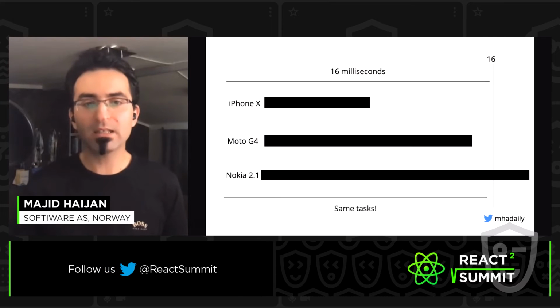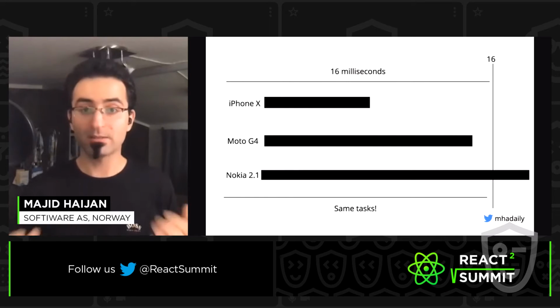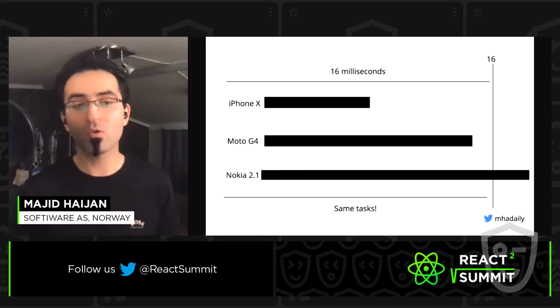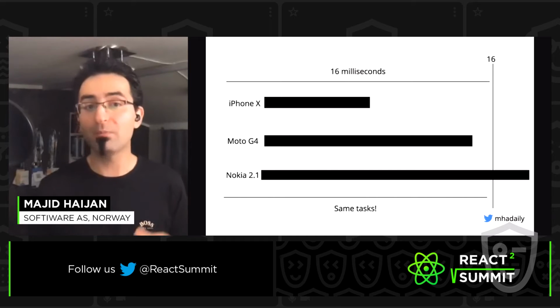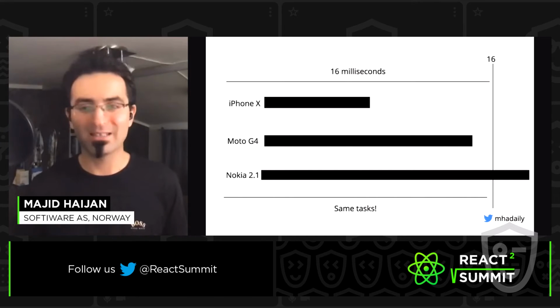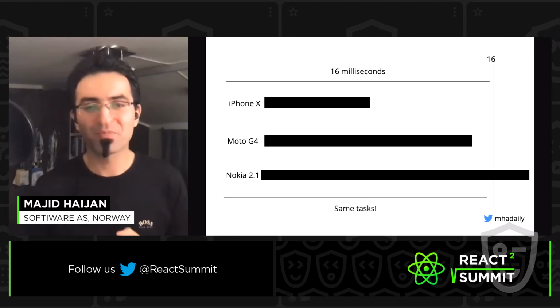Let's talk about this budget on different phones. Comparing a very good phone with high spec hardware to a low spec hardware phone, you see that this budget on one phone is quite okay, on another phone maybe it's on the edge, and on another phone it's just overshooting our budget. That's the time our users see a janky frame.